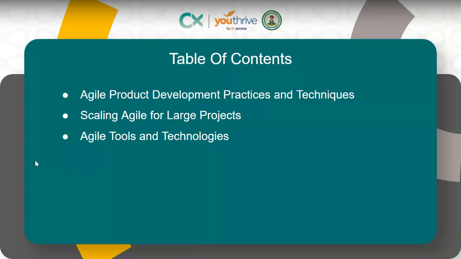We'll also be looking at scaling Agile for larger projects. I don't want to go into context, but we'll be looking at it as well. And we'll look at Agile Tools and Technologies: what are the tools that are being used when you are using Agile to develop your product? Remember in our last class, we talked about a lean methodology, which uses an MVP and things like that.